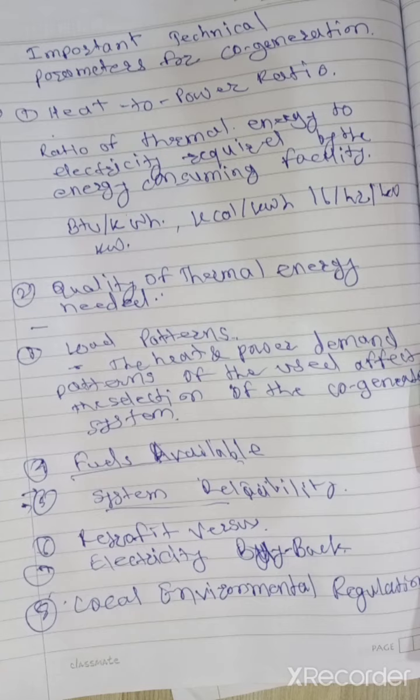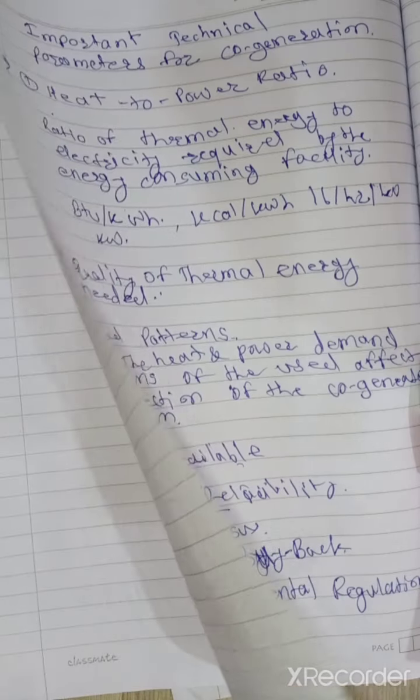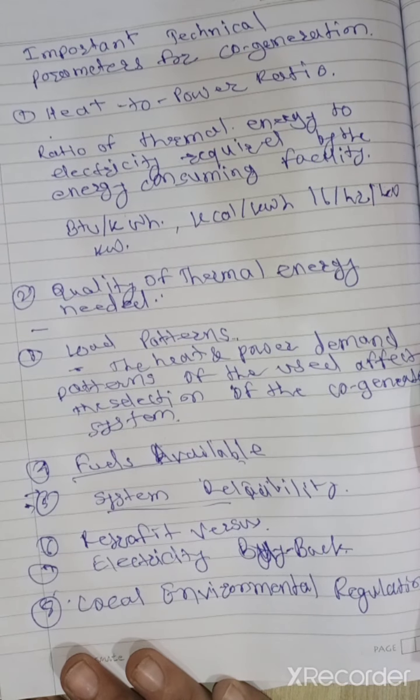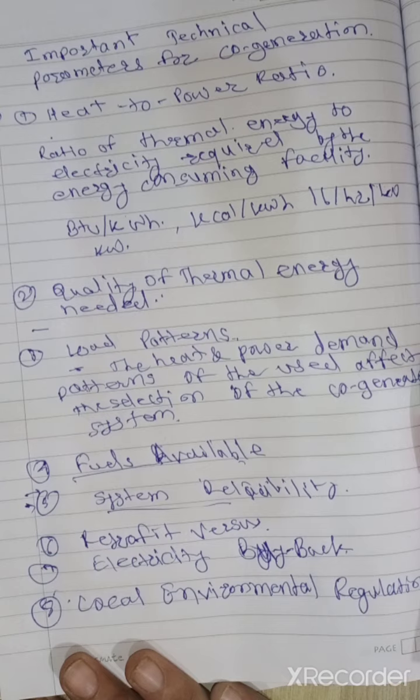Next one is electrical load matching. In this system, the facility is totally independent of the power utility grid. All the power requirements of the site, including the reserve needed during scheduled and unscheduled maintenance, are to be taken into account while sizing the systems.